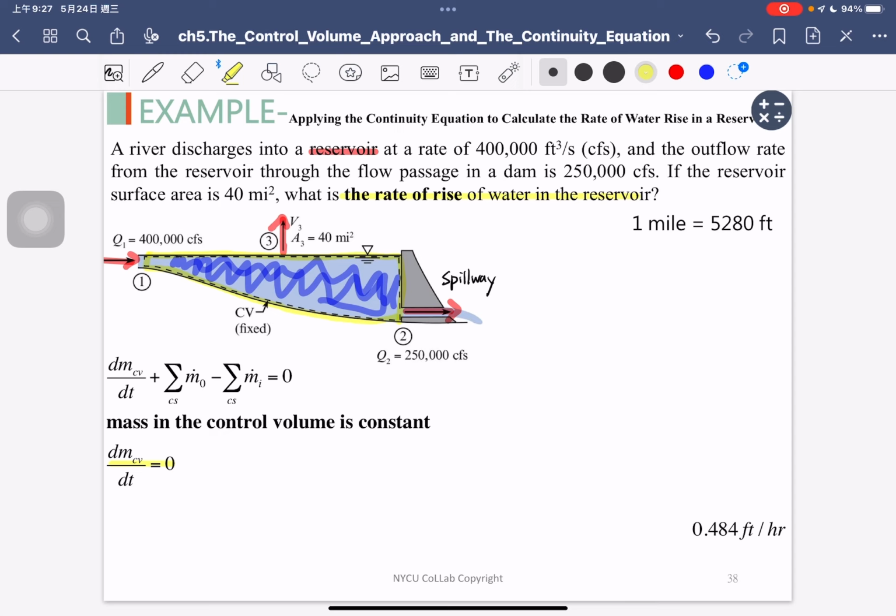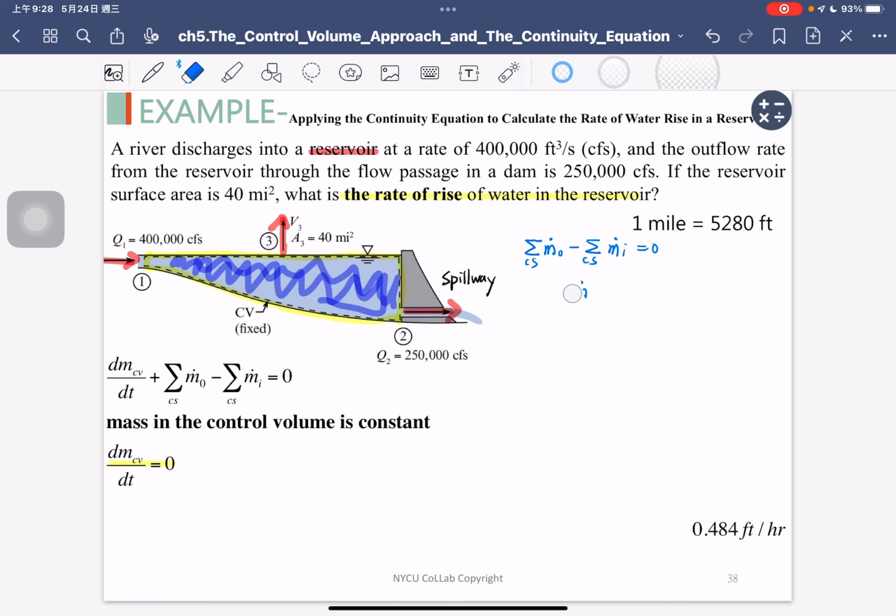So based on the continuity equation, we only have the mass rate: the outflow minus the inflow, summed over the control surface, will equal 0. Right now we have one inflow and the outflows, so we can rewrite the equation.